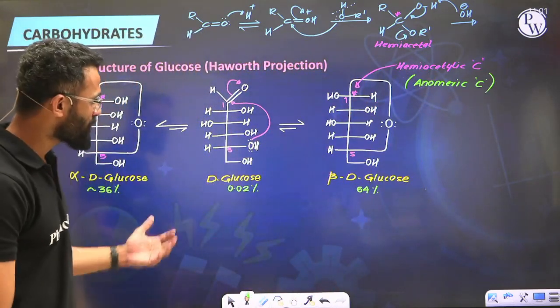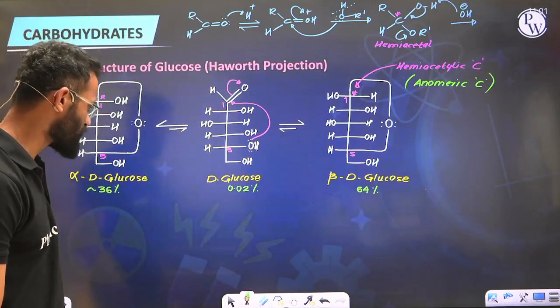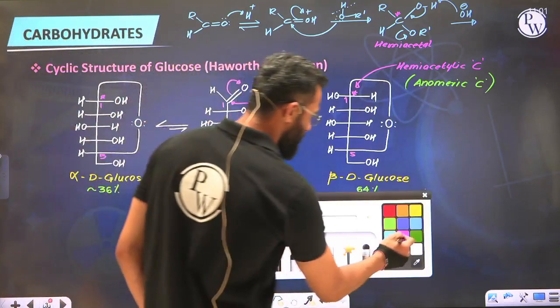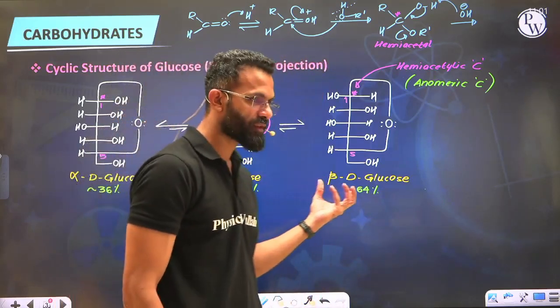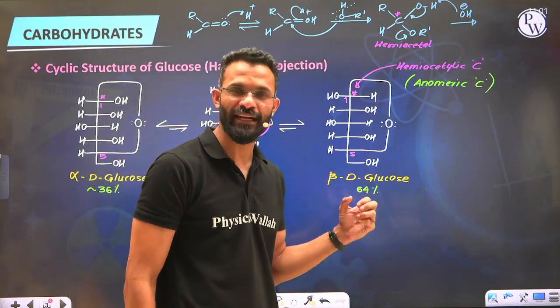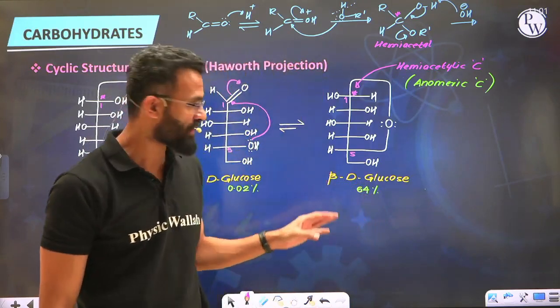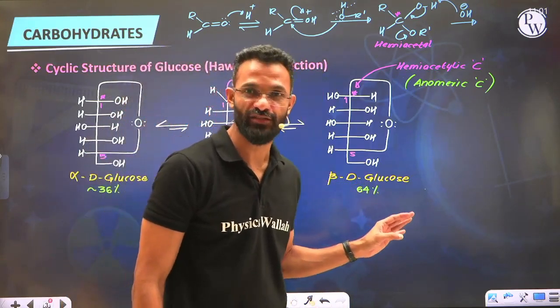Alright guys, now let's try to understand something else as well. Suppose you talk about beta D-glucose, and you separate the crystalline form of beta D-glucose, you will find it has a melting point of 150 degrees Celsius.